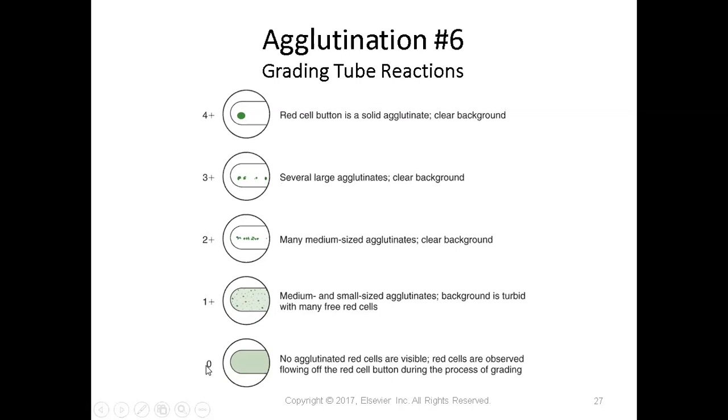And then a negative, which is designated by a 0 in blood bank, just looks like the diluted blood. There are no pieces of anything in there. It's a smooth suspension, and that would be a negative reaction. So these are very important. Strength of reaction can tell us a lot about the antibody that we're dealing with. So that's important.